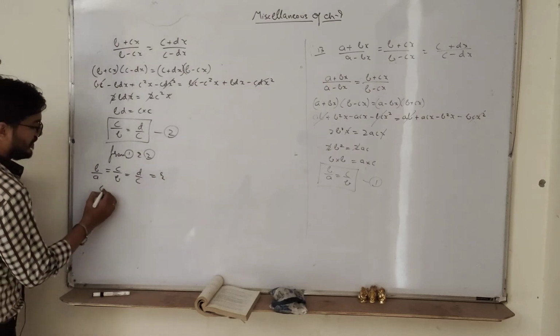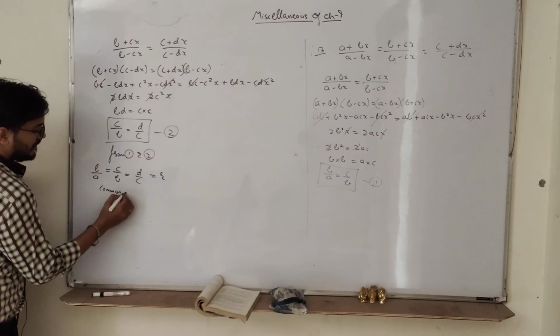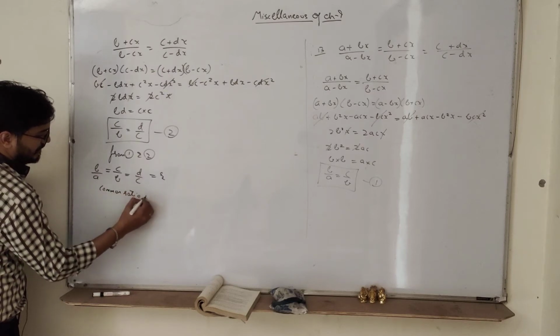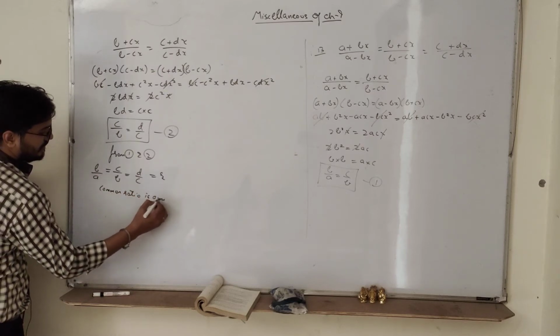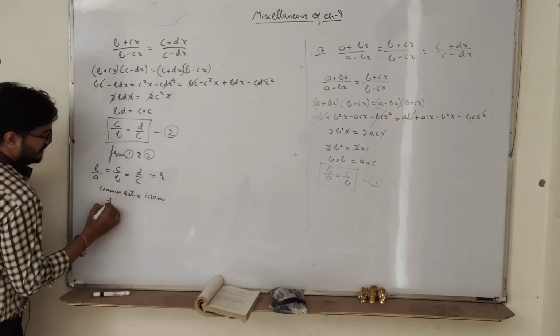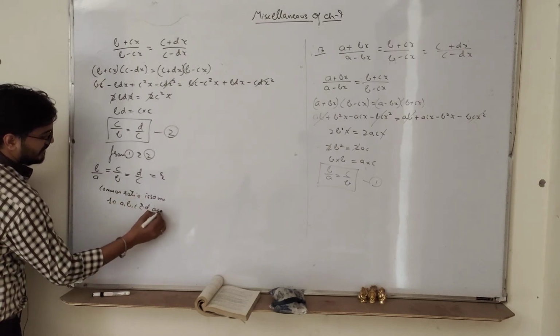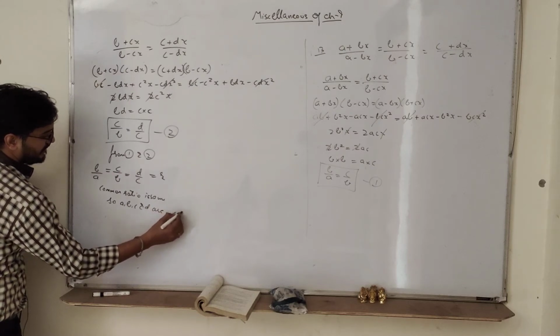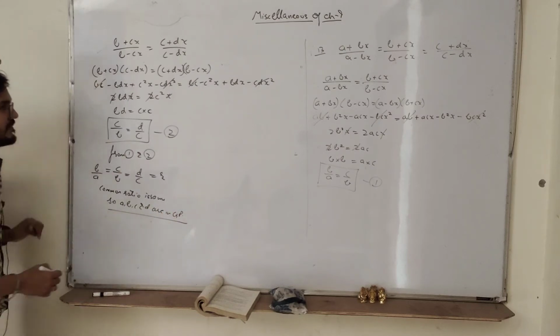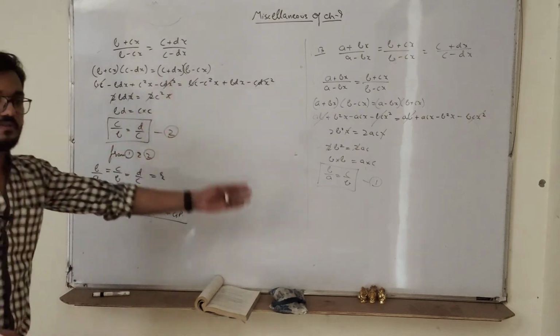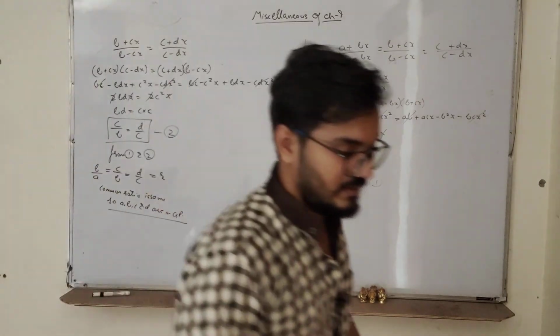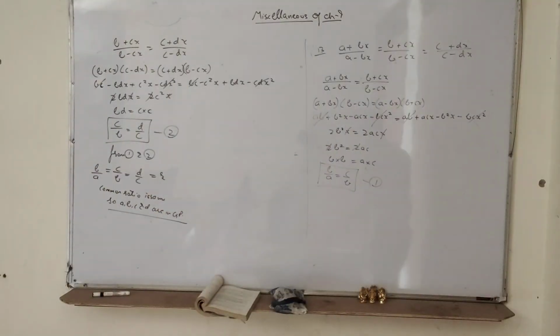So if the common ratio is the same, a, b, c and d are in GP. So this is our answer, hence proved. So this is question number 13. Please note down.